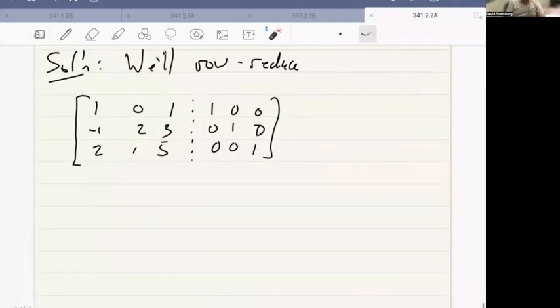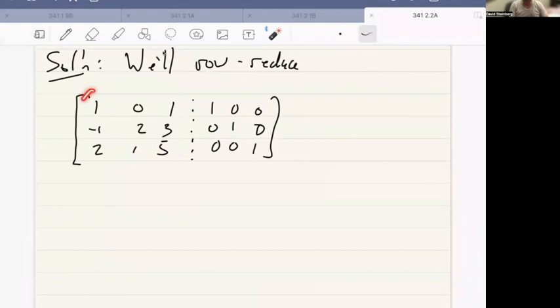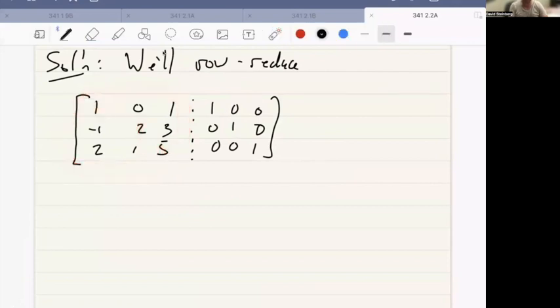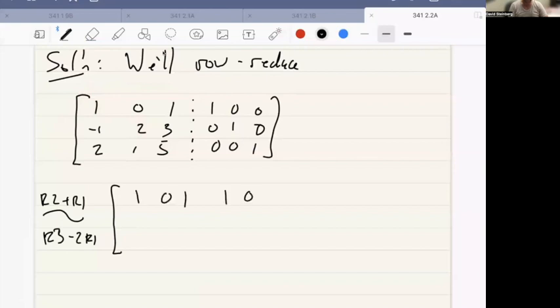Okay, and now we're in familiar territory. We're just focusing on making the matrix A on the left-hand side into the identity matrix if possible. So let's do row 2 plus row 1, and row 3 minus 2 row 1. So that's 1, 0, 1, 1, 0, 0.